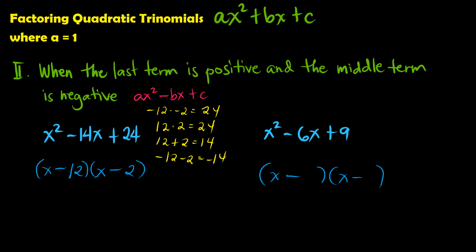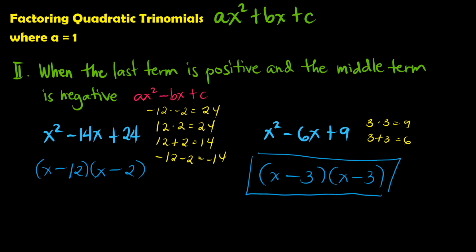So, isip na lang ng number. Anong number kapag minultiply ay 9? Pero kapag inadd ay 6. So, 'di ba? 3 times 3 is 9 and 3 plus 3 is 6. So, we now have our factors. And we're just going to use 3 and 3. So, this is it. That is the factor for x squared minus 6x plus 9.